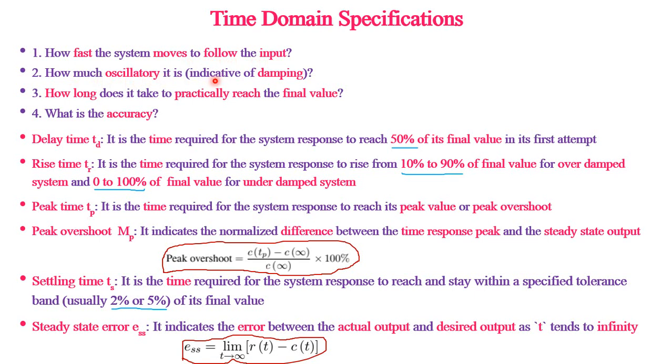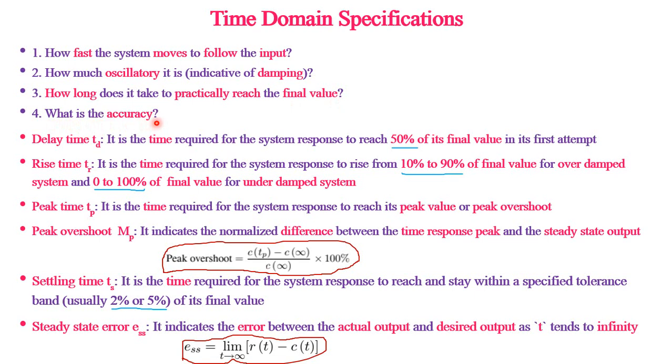Does the speed settle down at a particular value or is it oscillating? How much time does the vehicle take to reach the final speed? Is it exactly running at the speed at which we want, or some other speed? So what is the accuracy? These four things are very, very important.